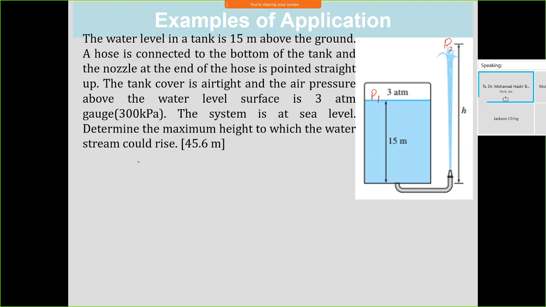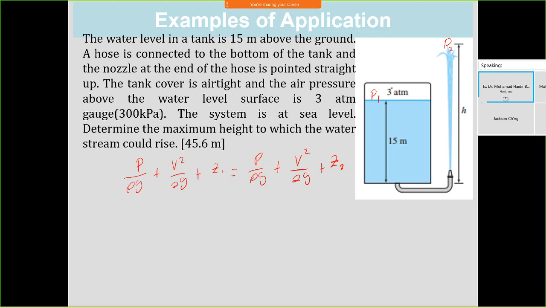Okay, still use the Bernoulli equation: P over rho g plus V square over 2g plus Z1 at point 1 equal to P over rho g plus V square over 2g plus Z2.